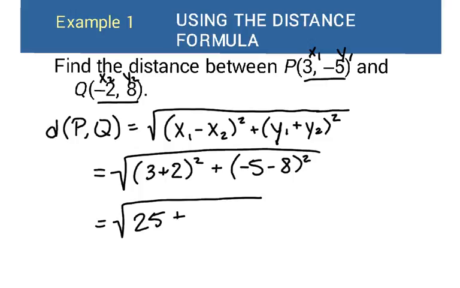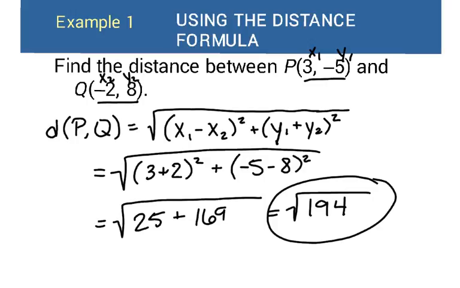And then -5 minus 8, we get -13, and that squared is 169. Add those together, we get the square root of 194, and you can approximate this to find the approximate distance, but this is it in exact form. Many times that's what I'll be asking you for, the exact form of the distance.